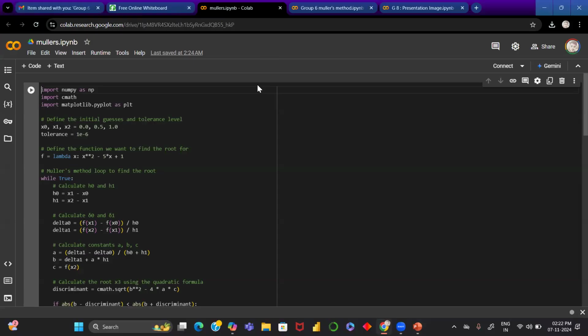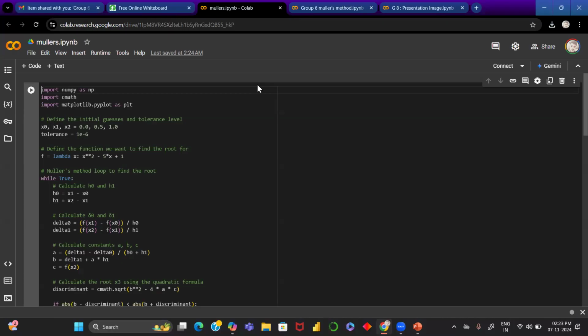So let's go to the Python code for implementing Muller's method. We start by importing necessary libraries like NumPy for numeric calculation. About initialization, first we define the three initial guesses x0, x1, x2: 0, 0.5, and 1.